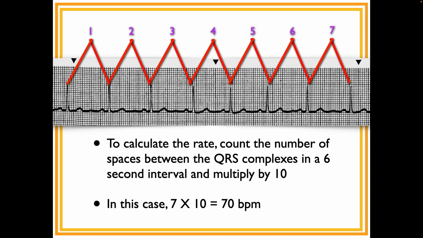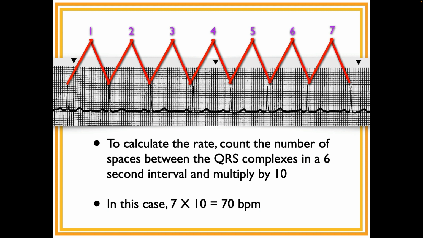You see what I mean? You have to take into account that they're not going to land exactly on the marks. You just have to kind of calculate that. Then, because it's 6 seconds, and there are 10 6-second increments in 60 seconds, you multiply by 10. So in this case, 1, 2, 3, 4, 5, 6, 7, the rate is 70. So it's considerably easier and faster.